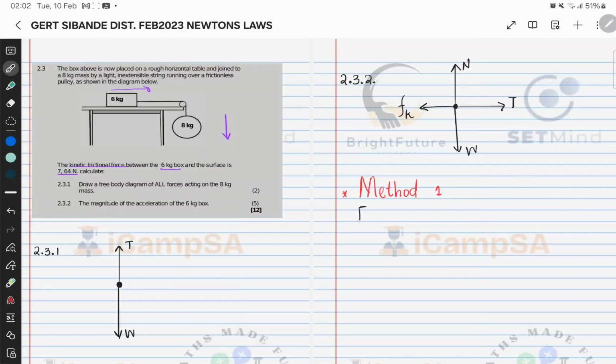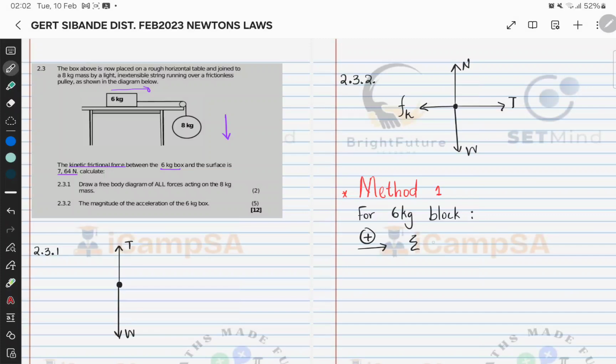So for the 6 kilogram block, I choose to the right as positive, because I know the 6 kilogram block will move to the right as the 8 kilogram block moves downwards. And then I sum my forces. I say, well, right is positive. You can also write it in words, I just prefer the symbol.